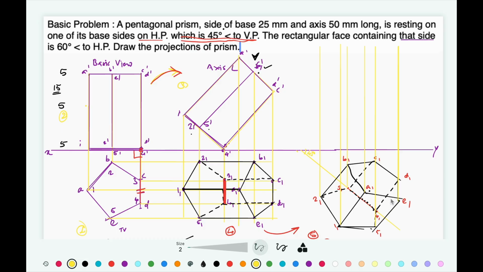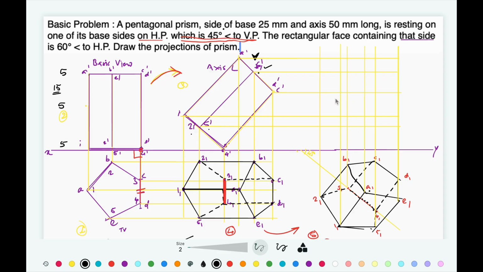Okay, some points are being overlapped. When you draw it with a scale, they might not be overlapping each other. So when you draw it with a scale, you refer your own projections. Okay, let's connect the points now.